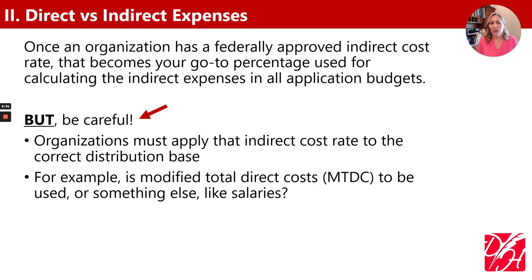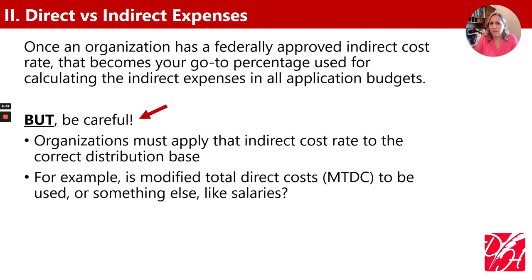And so many organizations will not go after having a federally approved indirect cost rate until they have a few awards under their belt. But once you have an approved indirect cost rate, this is your go-to percentage. It becomes a very basic calculation. What is our total direct cost? We calculate the percentage of the indirect cost based on our approved rate, and voila.